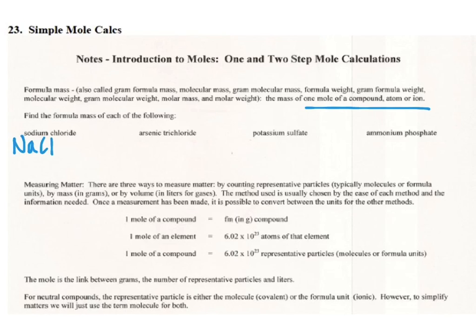So we'll go to 2 decimal places as we find our molar mass. We have sodium and chlorine. Sodium is 22.99 and chlorine is 35.45. So put that in the calculator and get me a number.